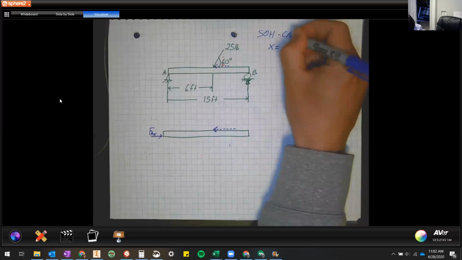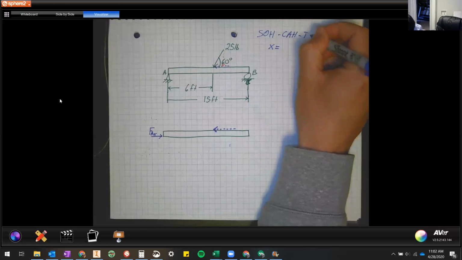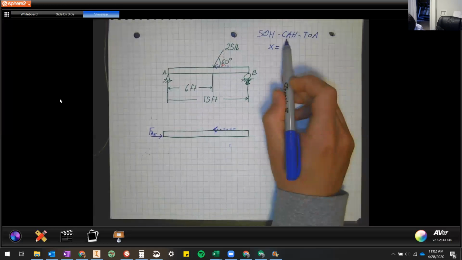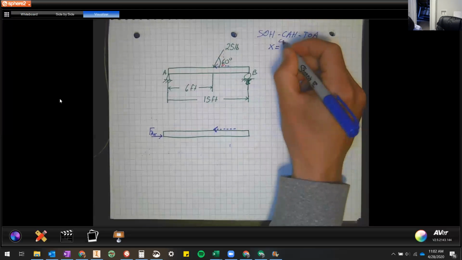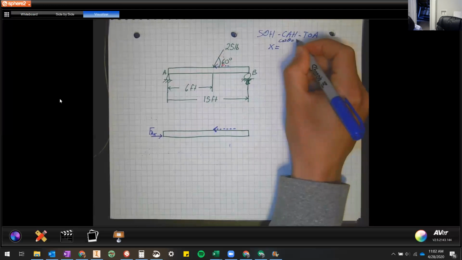Because it's the adjacent side of the triangle, and we're talking SOHCAHTOA, the adjacent side of the triangle deals with cosine. And so cosine theta equals adjacent over hypotenuse.